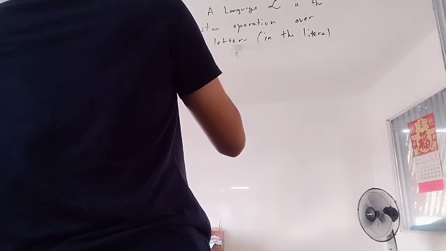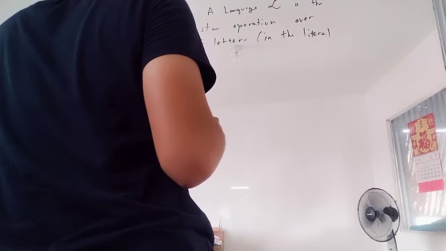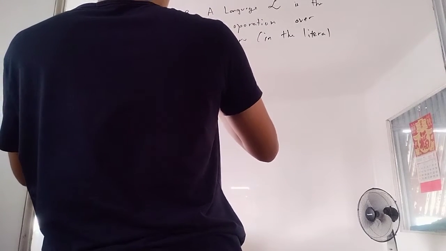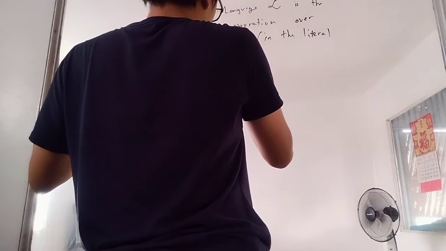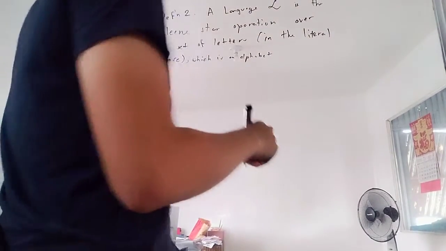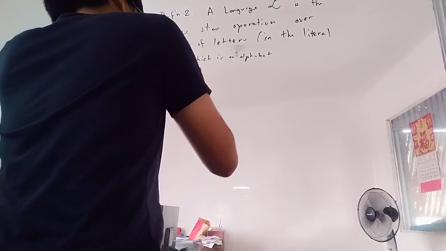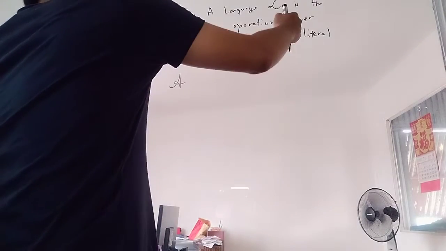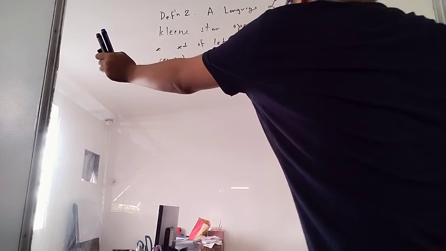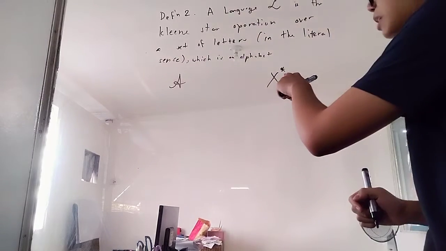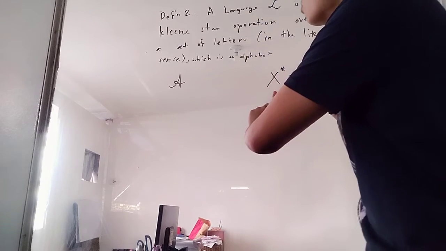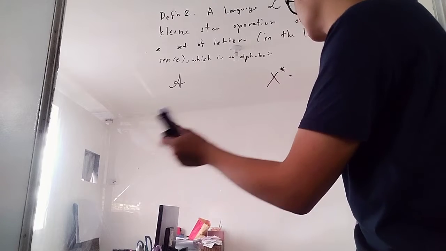So we'll let this set of letters be an alphabet, and I'll use the A from the previous video to denote it. The Kleene star operation over a set, say we have a set X, denoted by this asterisk, is basically all words we can form out of the elements of X. When I say words, that means combinations or strings of these guys.